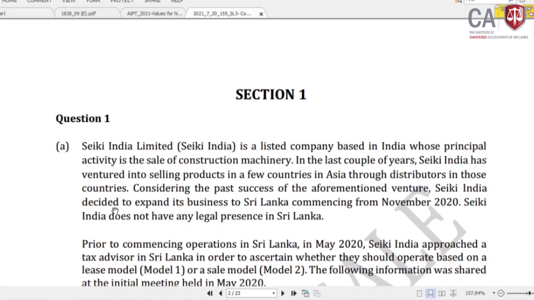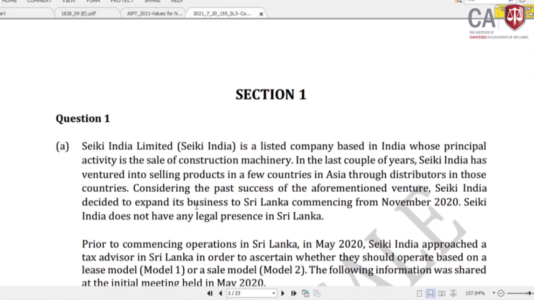Seiki India Limited is a listed company based in India whose principal activity is the sale of construction machinery. In the last couple of years, Seiki India has ventured into selling products in a few countries in Asia through distributors in those countries.